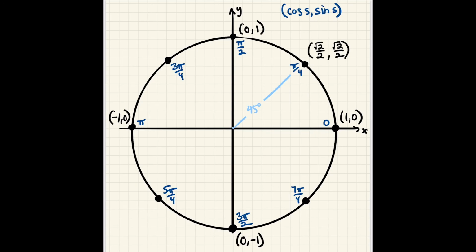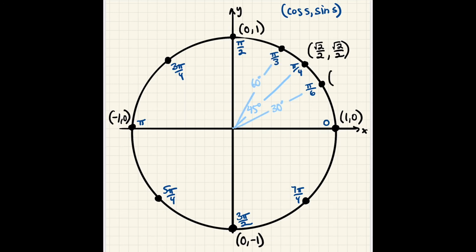Okay, let's keep our attention on the first quadrant for just a moment. We also have as special angles pi over 6, which is 30 degrees, and pi over 3, which is 60 degrees.